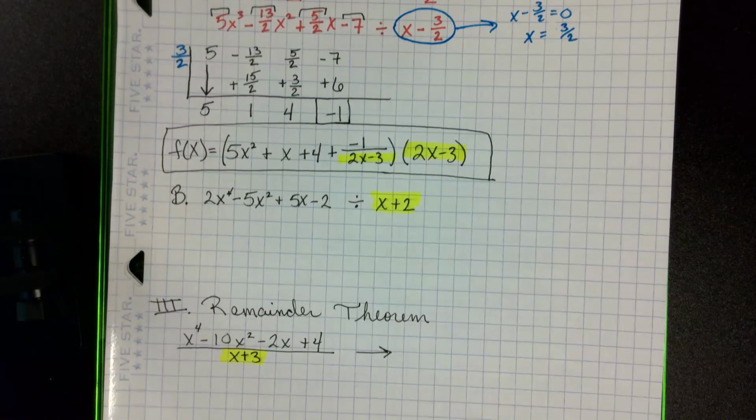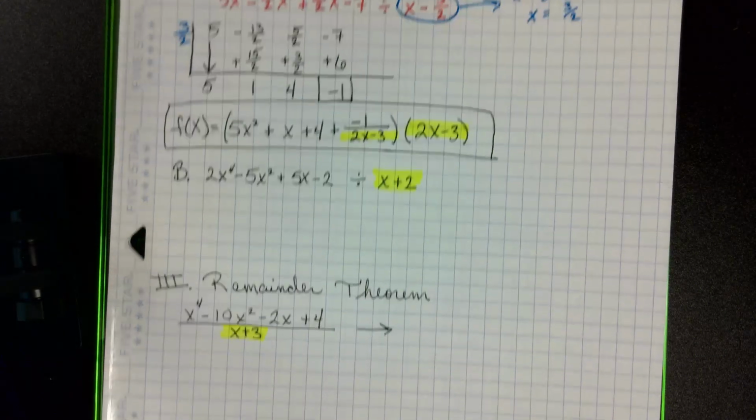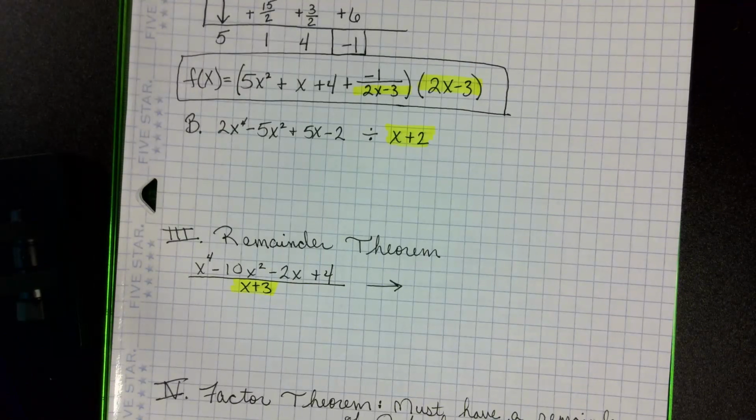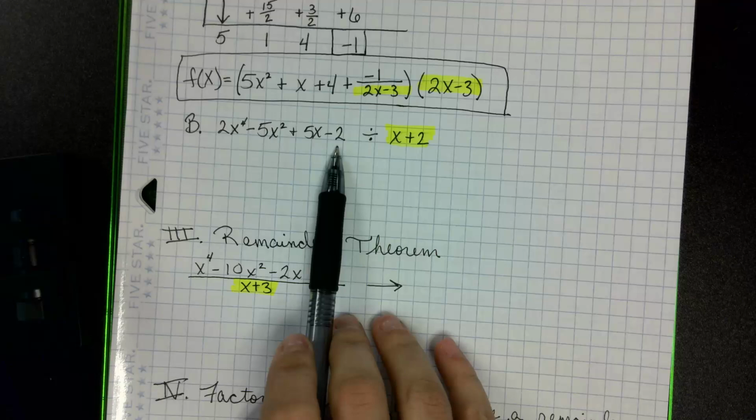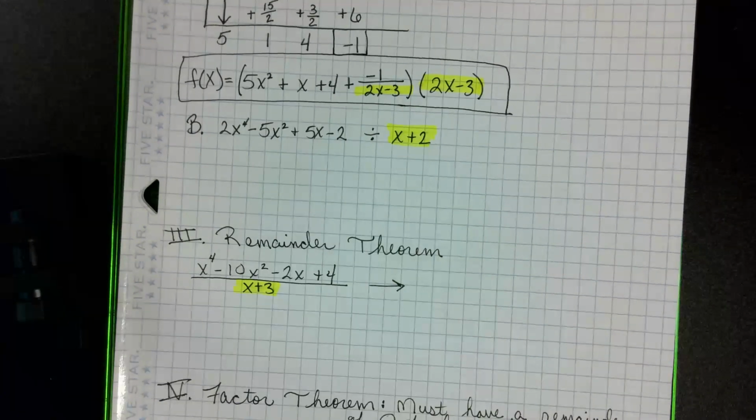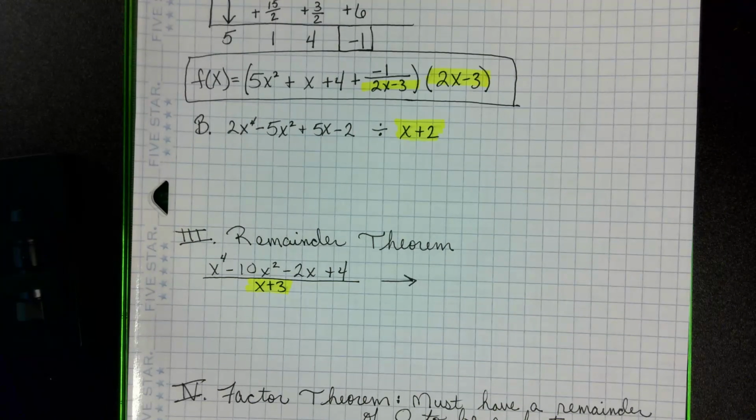All right, so then let's look at this next one. B. 2x to the fourth minus 5x squared plus 5x minus 2 divided by x plus 2. All right, this time our divisor is a 1x, so that's nice. We don't have to deal with those fractions again.